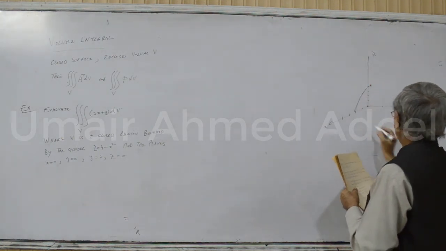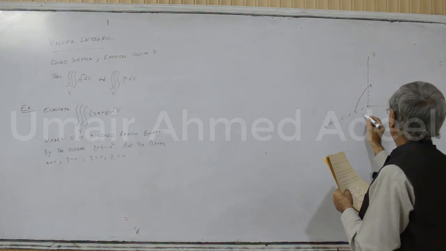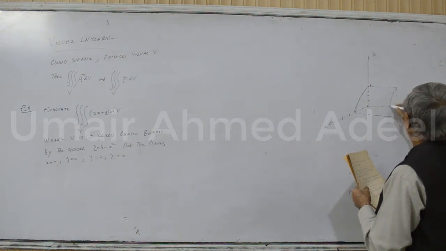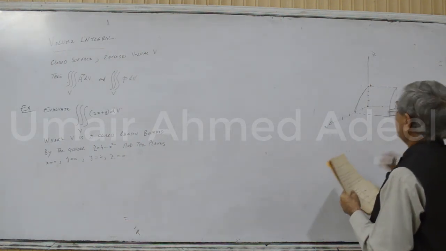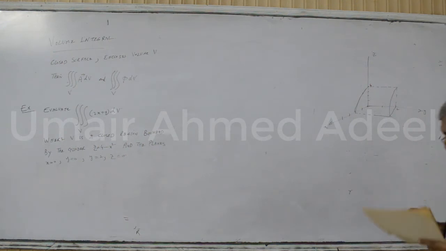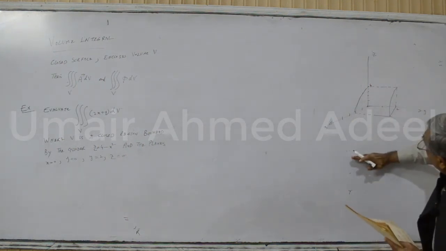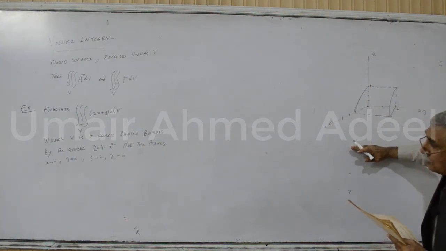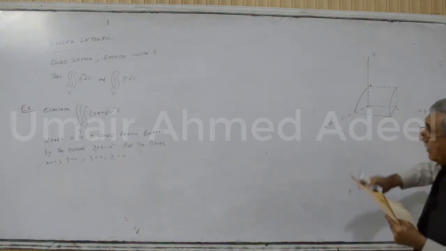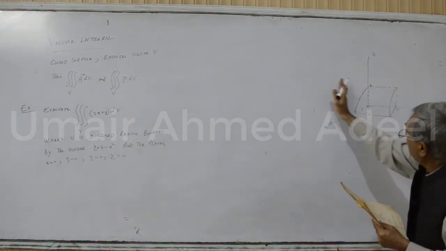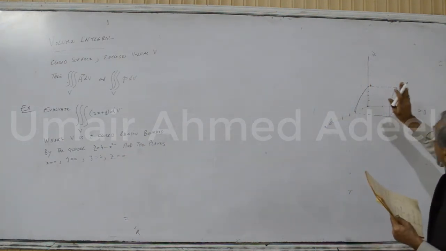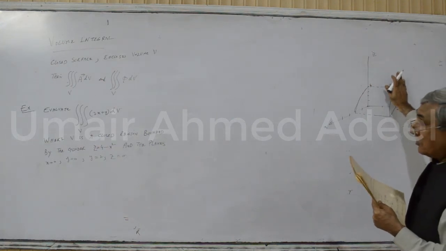the curve, and you will just complete this. That is the cylinder, it is not going down there, it is not beyond z is equal to 0, it is not beyond y is equal to 0, it is not beyond y is equal to 2, it is not beyond x is equal to 0.